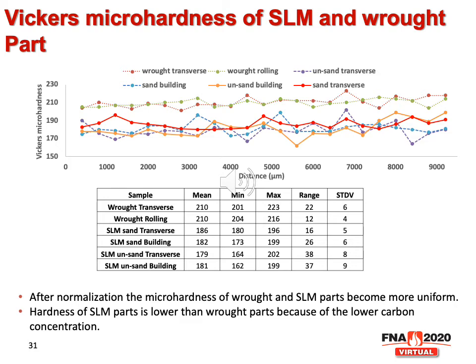This may be related to the higher carbon concentration in the wrought part, since both normalized parts have the same microstructure with similar grain size. As we mentioned before, the carbon concentration of the selective laser melted part is 0.153 weight percent, while the carbon concentration of the as received wrought part is 0.2 weight percent.